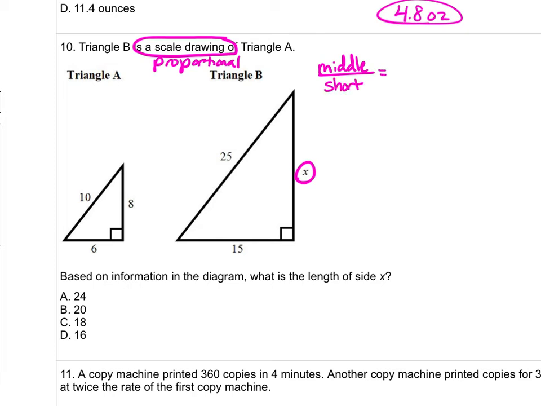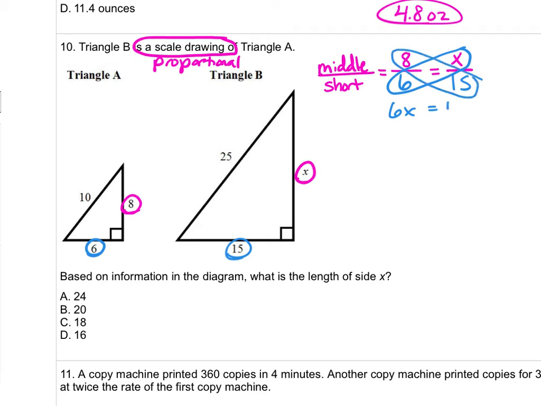So the middle for triangle A is 8, and the middle for triangle B is X. The short side for triangle A is 6. The short side for triangle B is 15. When we cross multiply, we get 6x equals 8 times 15, which is 120. Divide both sides by 6 to get x by itself, and we get that x is 20.